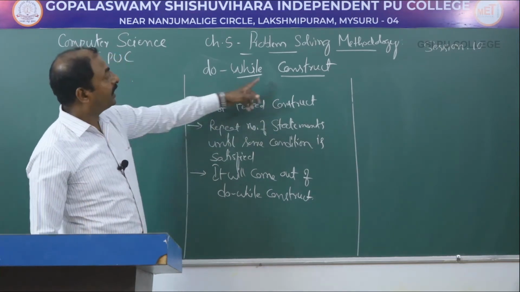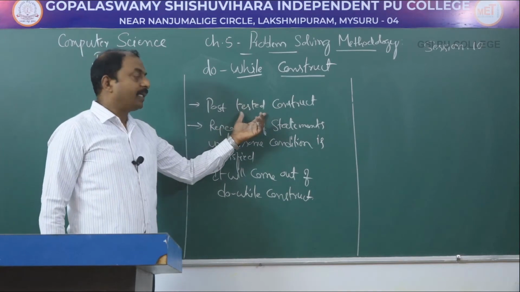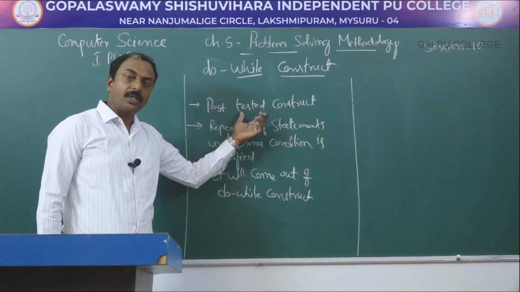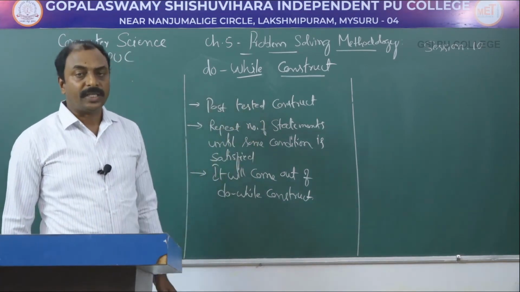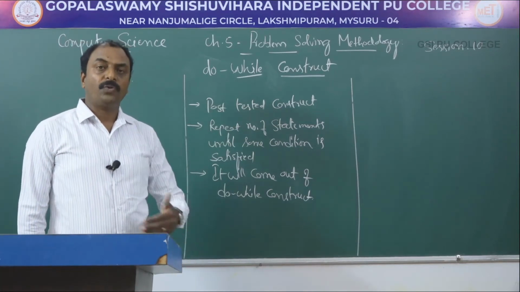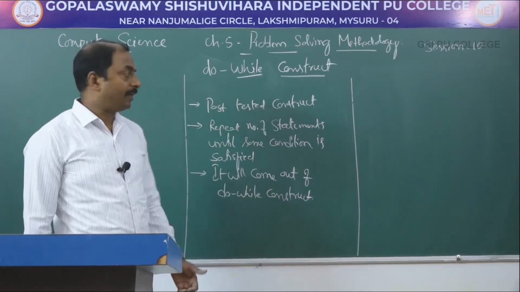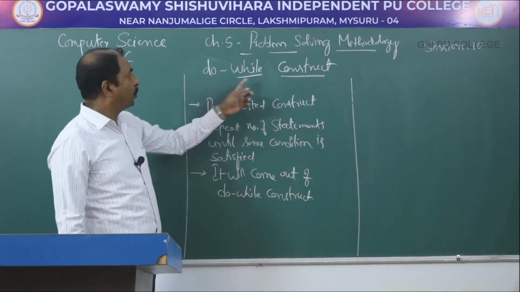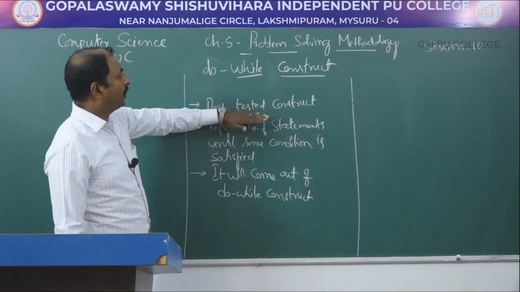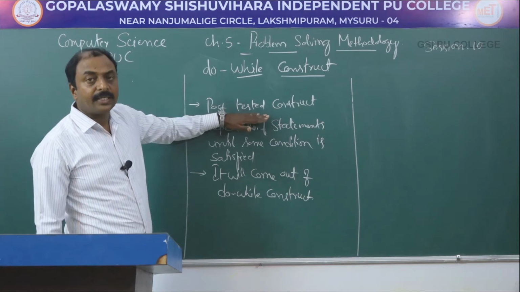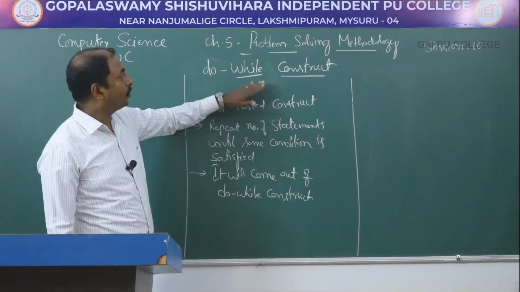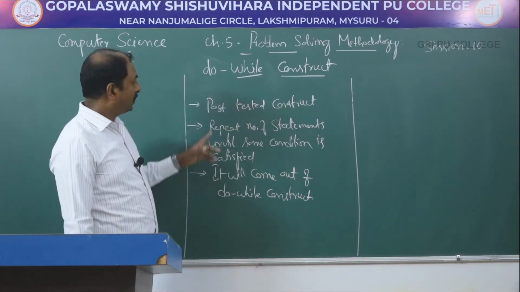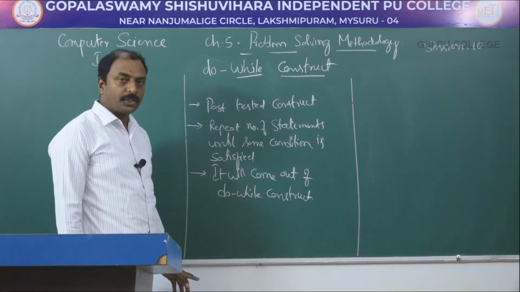And if you look at the while construct, it is called a pre-tested construct because the condition is tested at the beginning of the loop before executing the statements. But under the do while construct, it checks the condition at the end of the program construct. So this is the do while construct.